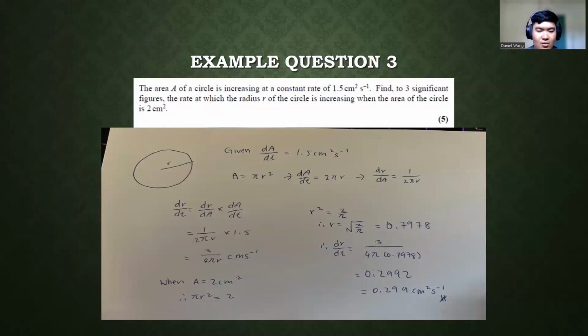When A equals 2 cm², pi r squared equals 2. Radius squared equals 2 over pi. So r equals the square root of 2 over pi, which equals 0.7978. Then dr/dt equals 1.5 over 2 pi times 0.7978. The last answer is 0.299 cm s^-1.